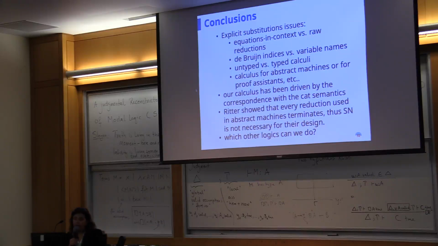And I think the question that I have for you is, which other logics can we do? I know we can do CS4, but there are loads of other logics that I have no idea about. All the differences between different dependent types, I don't know. As I say, I only know how to do dependent types without universes at the moment.